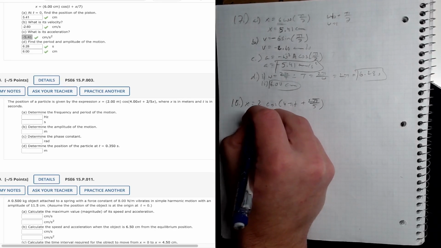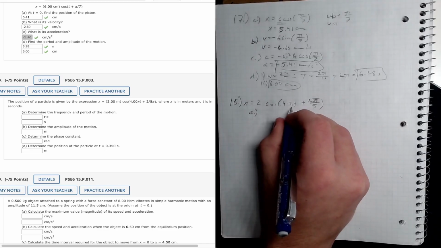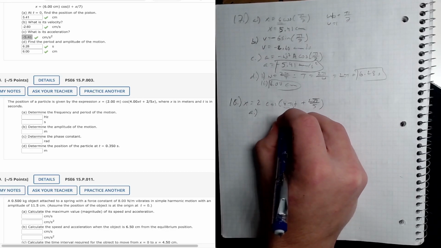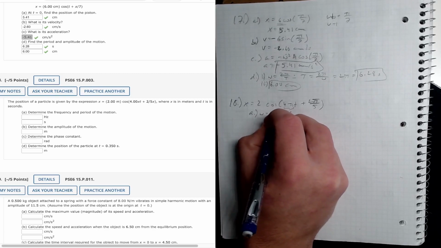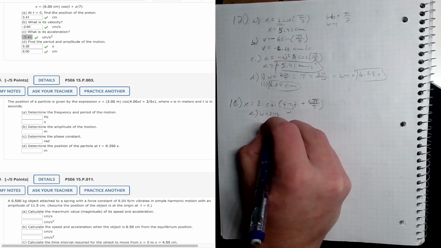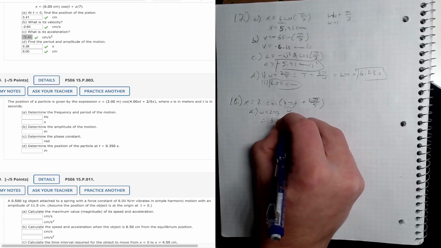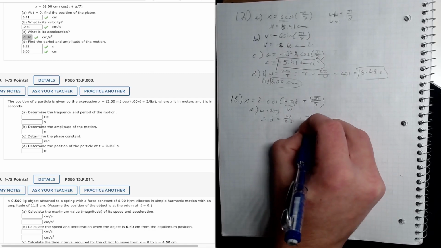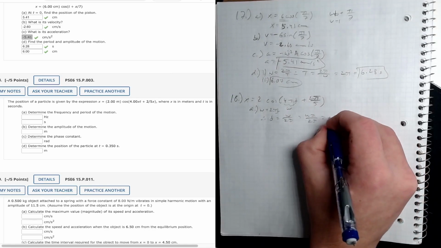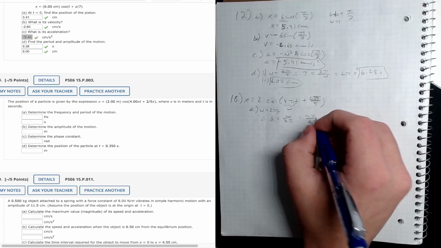So, frequency: we know that this is going to be our w value. w equals 2 pi f. Therefore, f equals w over 2 pi, which equals, in this case, 4 pi over 2 pi, which equals 2, because a lot cancels out.